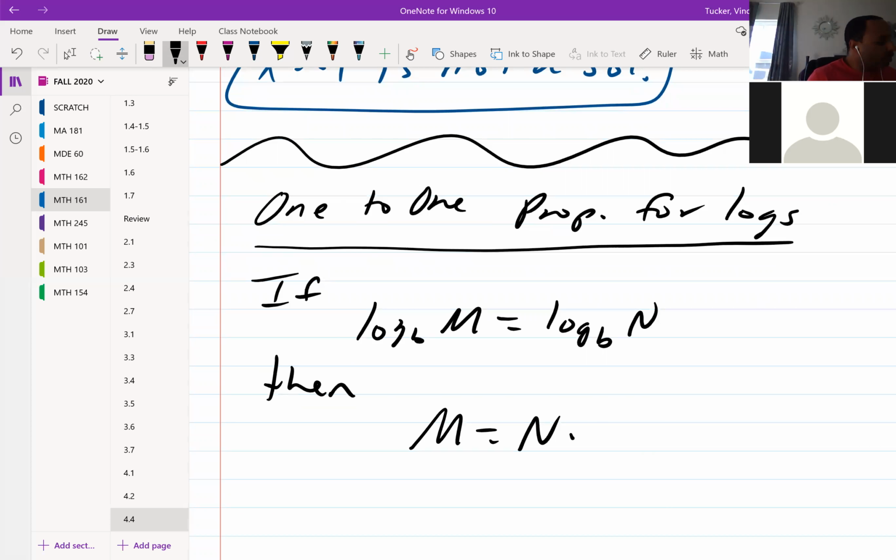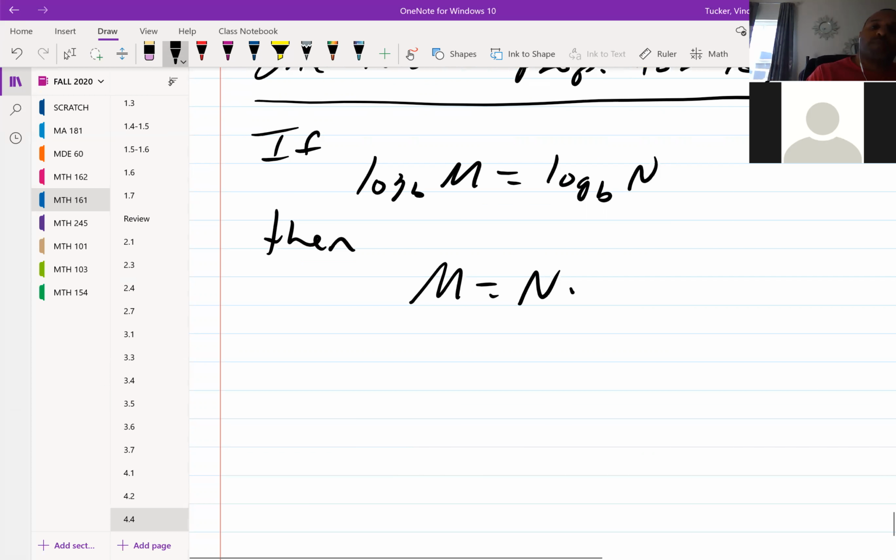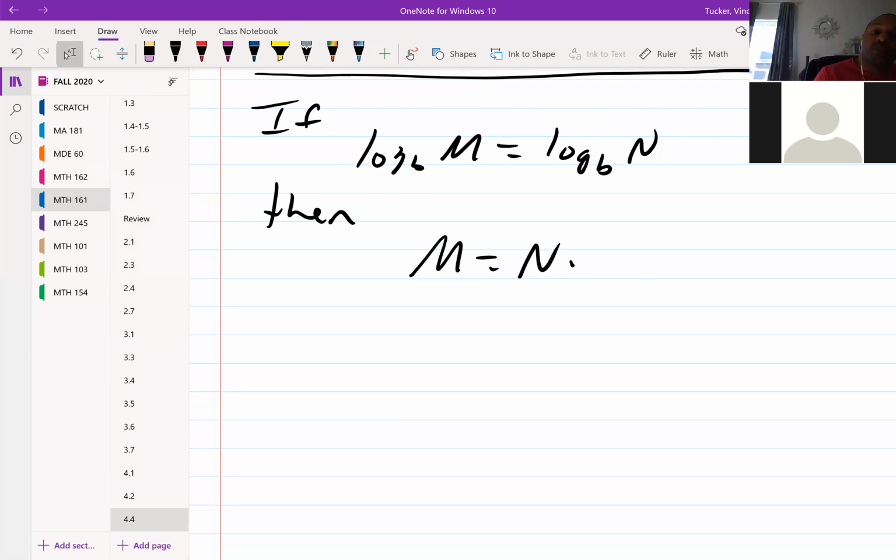And just like before, when dealing with these logs, you need to make sure that you check them, like we did in the last one, because it's possible that one of these solutions may not work.